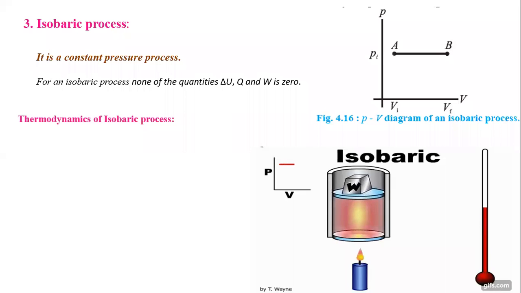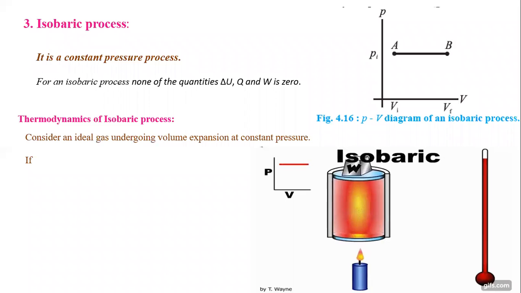Thermodynamics of isobaric process. Consider an ideal gas which is undergoing volume expansion at constant pressure. You can see in the diagram here. So we heat the gas, the temperature is increasing.